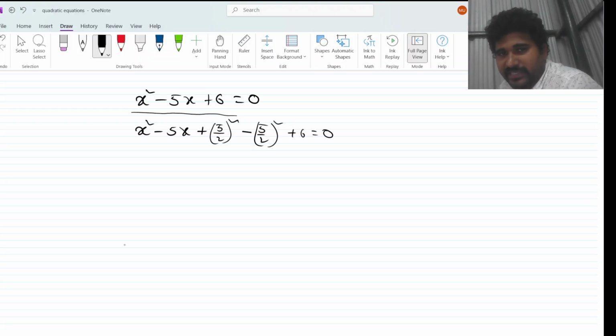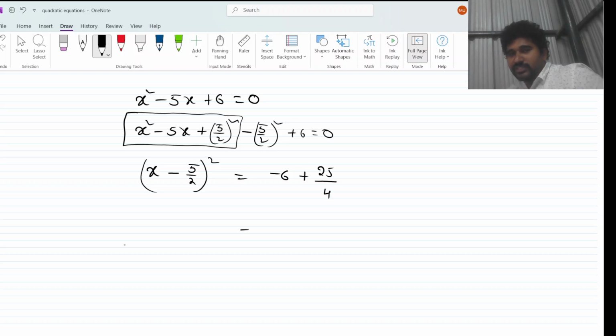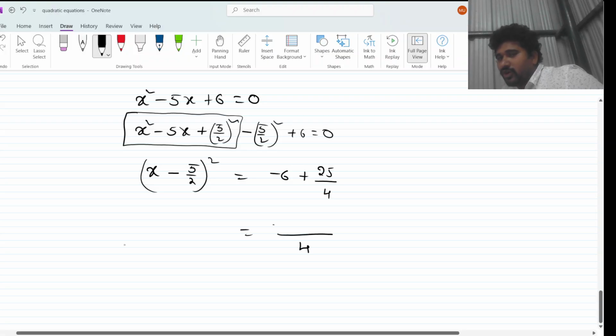Together, what formula should this be written as? x minus 5 by 2 whole square. Send the rest to the other side. What will happen? Minus 6 plus 5 square, how much is it? 25 by 4. Simplify a bit on the right side. What will it become? 25 minus 24 over 4, 1 by 4.